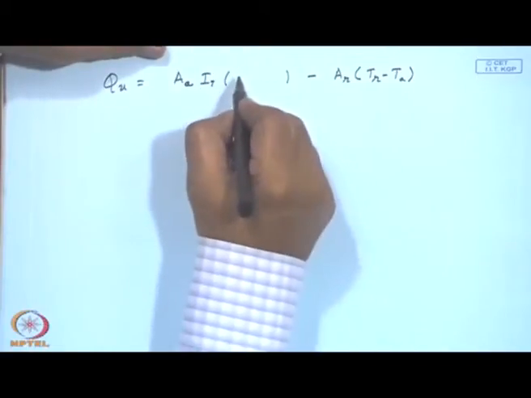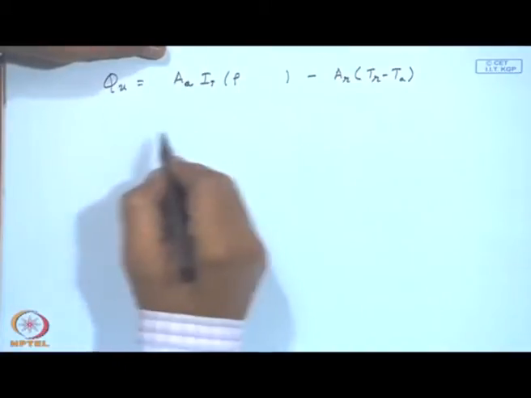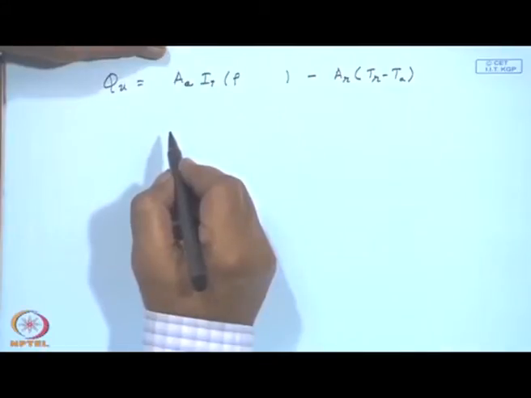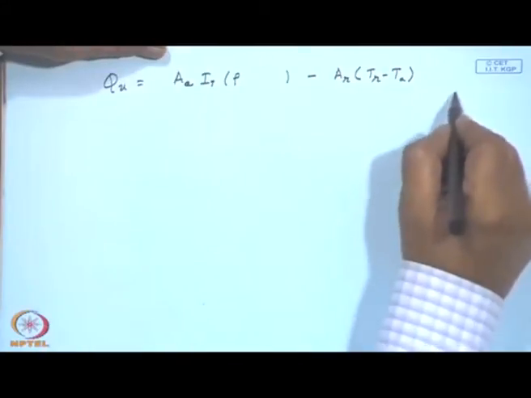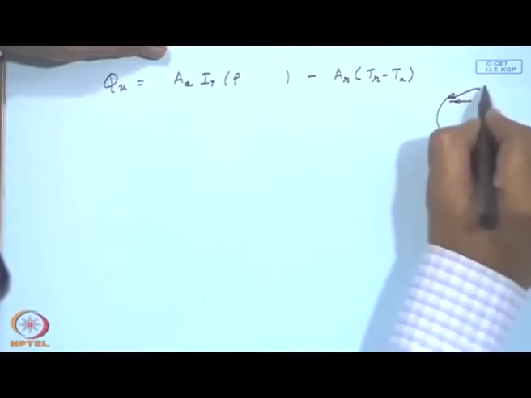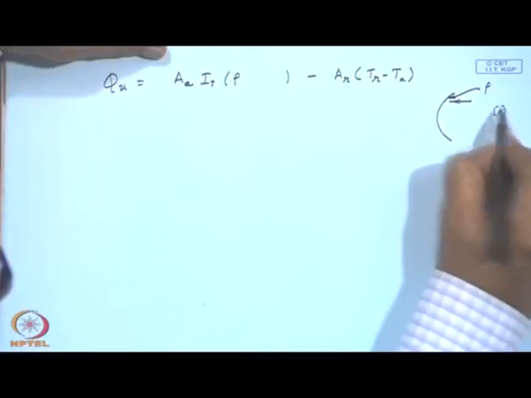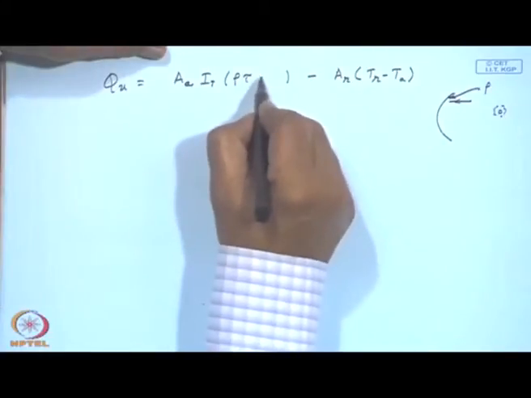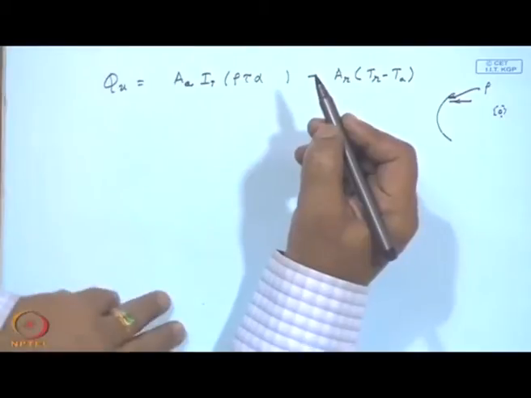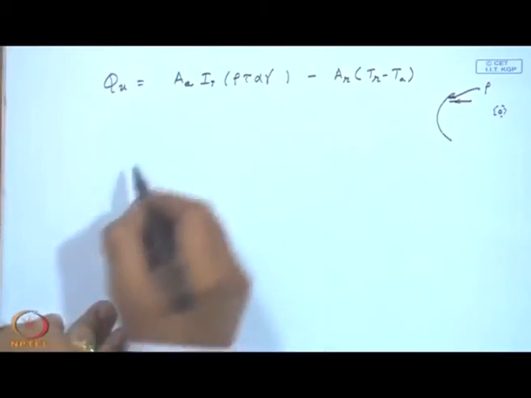Here you have a reflectivity of the aperture, rho, and here is tau alpha for the receiver, and then another gamma.